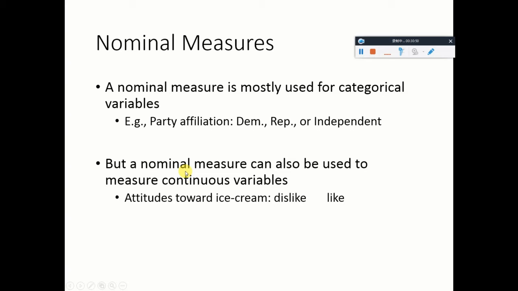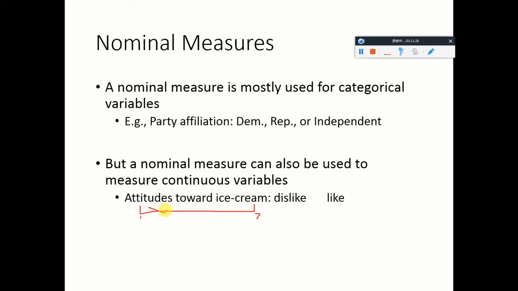So for example, if we assume that attitudes toward ice cream, or attitudes towards anything, are typically treated as a continuous variable, right? We said that usually we use a 7-point scale to measure attitudes, right? Totally against, totally for, or very much dislike, very much like, right? So we typically treat attitudes as a continuous variable, but it's perfectly fine to use a nominal measure, dislike, like, to measure attitudes.